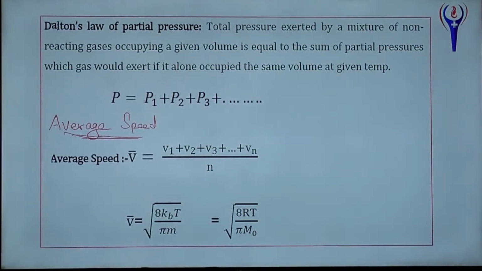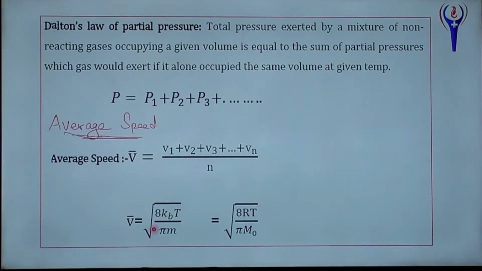Average speed, V bar or V average equal to V1 plus V2 plus V3 up to Vn, if it contains n number of molecules, where V1, V2, V3 up to Vn are the velocity of each molecule, divided by n number of molecules. This is the average speed. Average speed equal to V1 plus V2 plus V3 up to Vn divided by n.